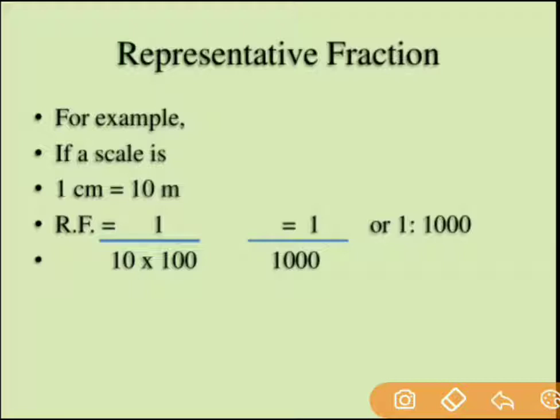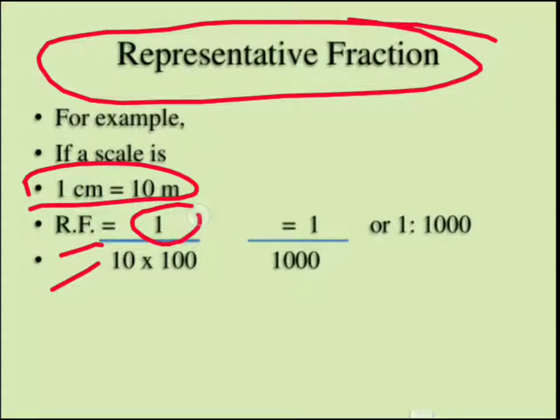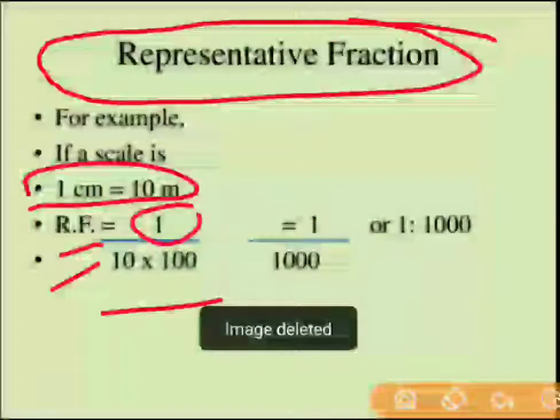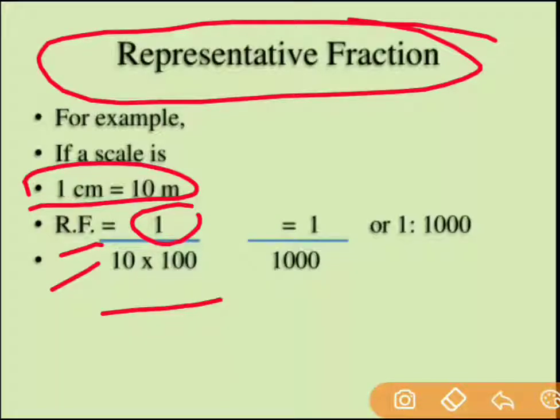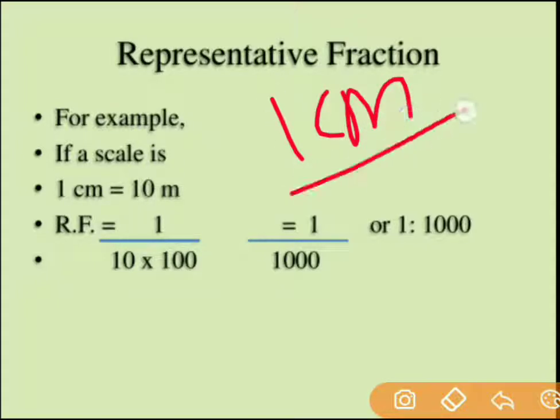Next, look here, RF. I will give one example here. 1 centimeter is equal to 10 meters, for example, right? Here RF is equal to 1 centimeter by 10 meters. 1 centimeter divided by 10 meters, right?